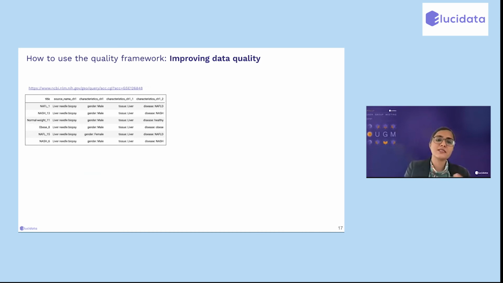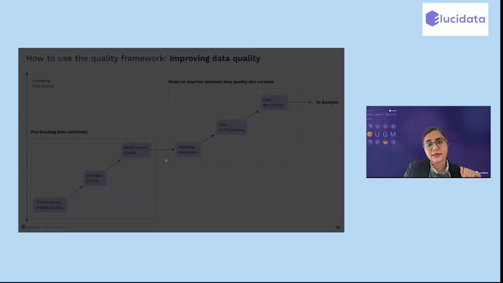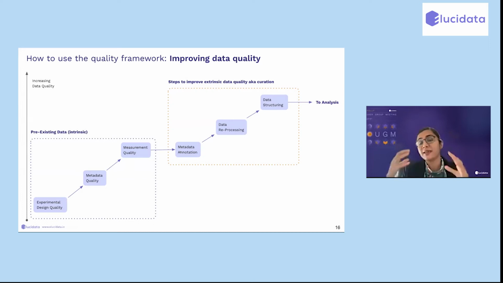And I'll just go back to the slide. This is something we think about a lot on Polly when we are working with data from many, many different sources. We pay a lot of attention to metadata annotation and data structuring.